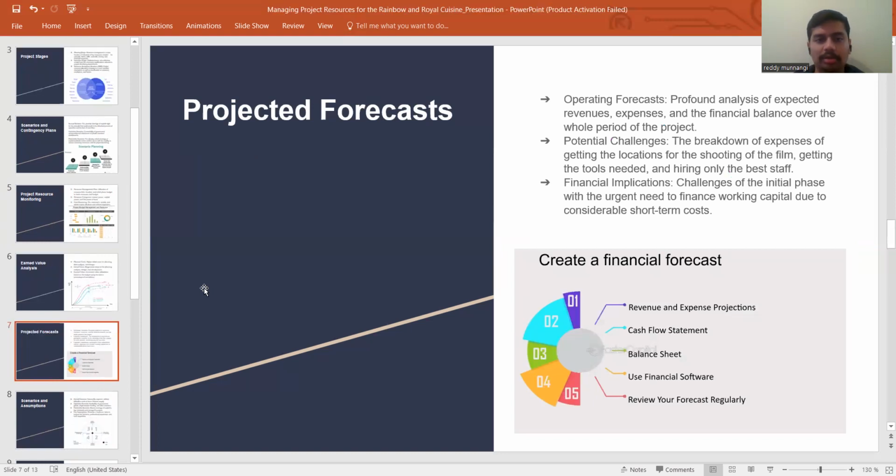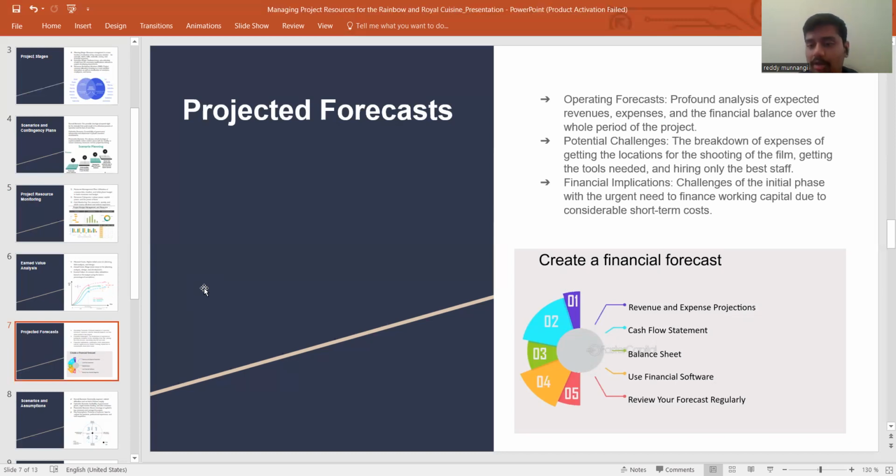The next slide is projected financial factors. There are five different financial factors that we need to consider in a project.